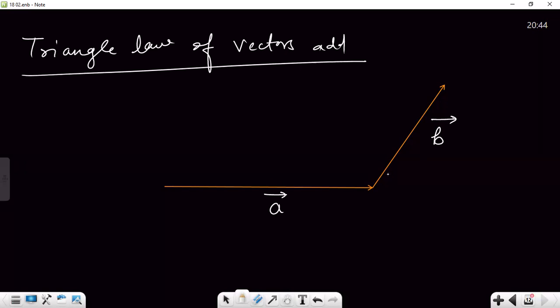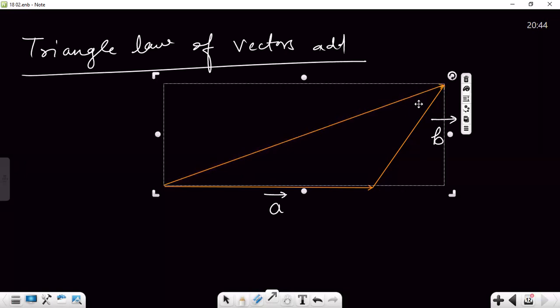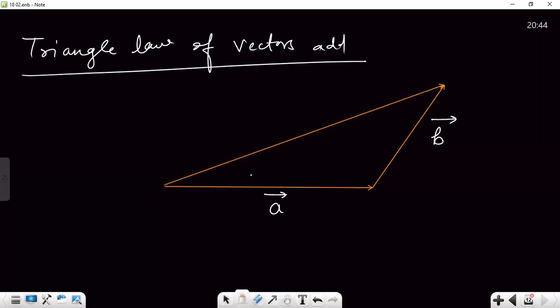Now the resultant vector of the addition will join one of its tails and one of its heads. So this is A vector, this is B vector, and this vector is not following the law. The direction is here, and then the direction is here, and there is a reverse direction. So this vector will be the addition vector, A vector plus B vector.